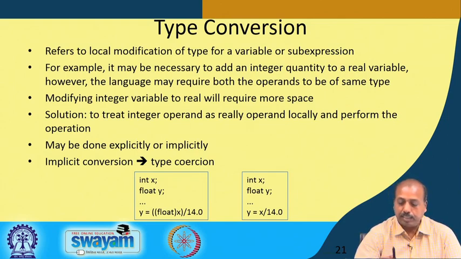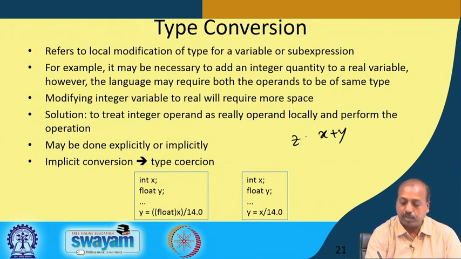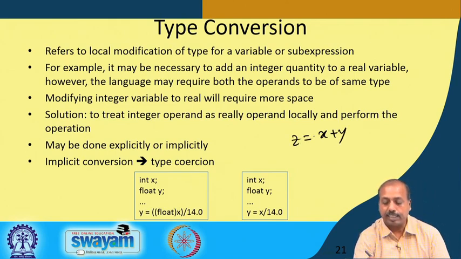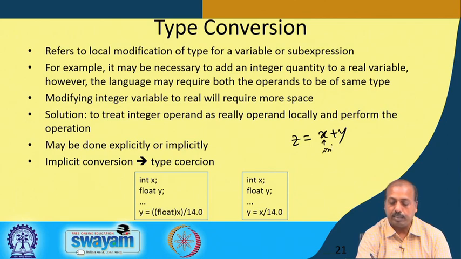As I was telling previously, I may require that x plus y. So, z equal to x plus y has to be done, and this x is of type integer and this y is of type real.